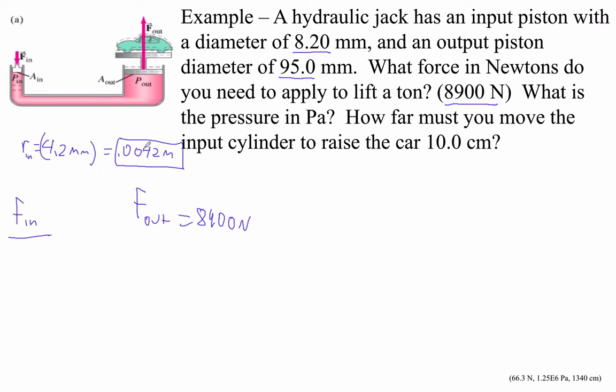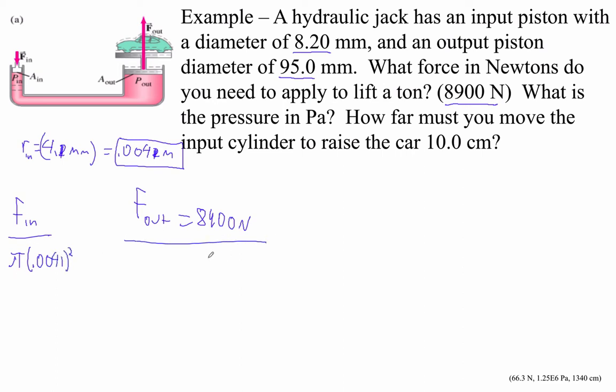So I took half of this, divided by 1,000. Oh, whoops, 4.1. 4.1, there we go, good eye. All right, so this area, if it's a circle, is going to be pi times 0.0041 squared. This is just pi r squared, right?